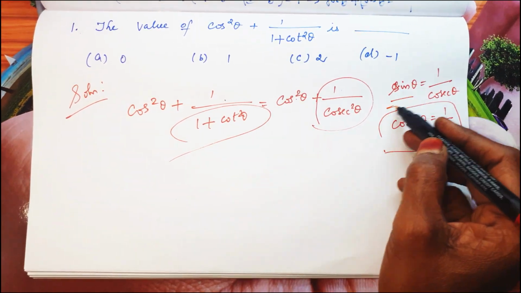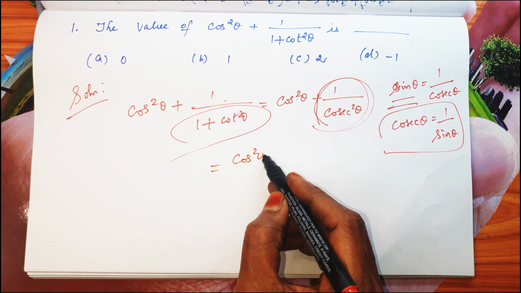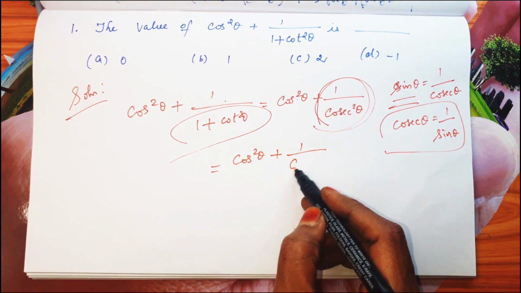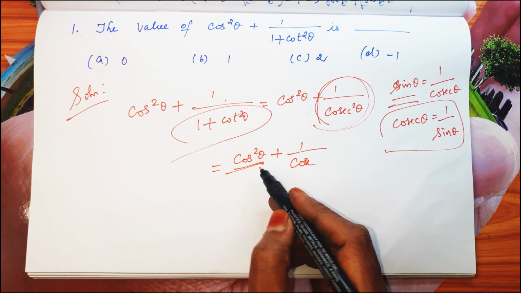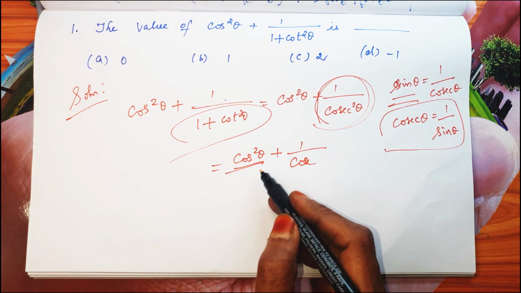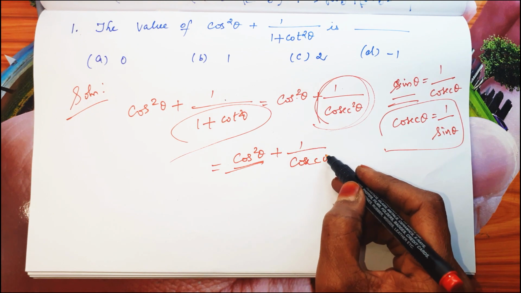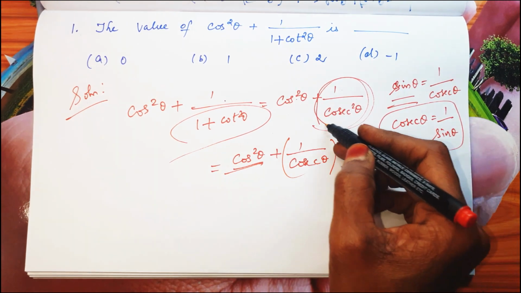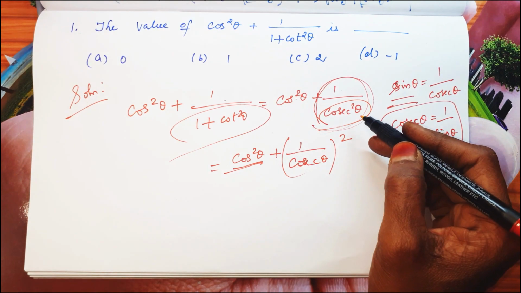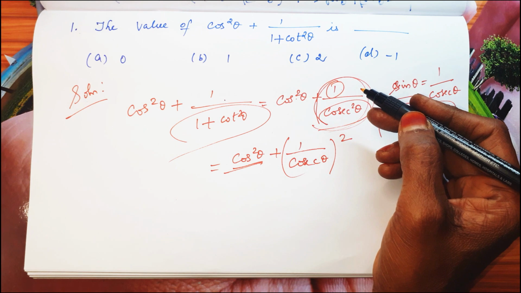Okay, so from this we can rewrite this as cos square theta plus 1 by cosecant theta the whole square. In the denominator only we have the square, but in the numerator we have 1. 1 can be represented as 1 squared.